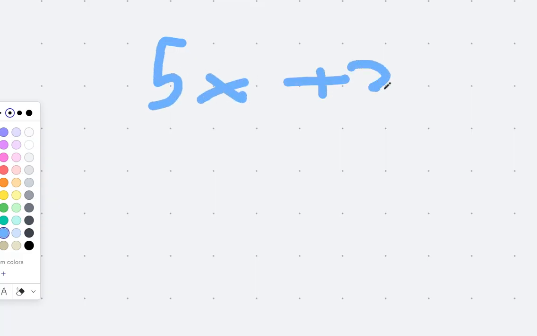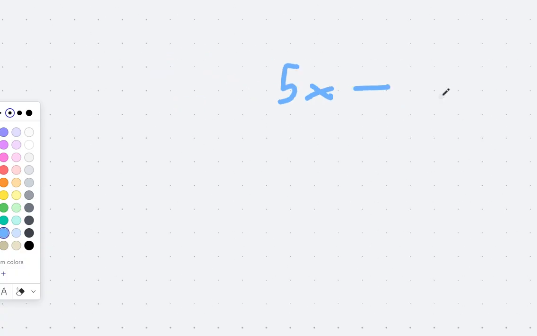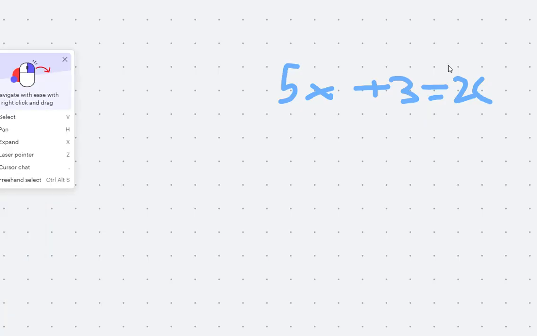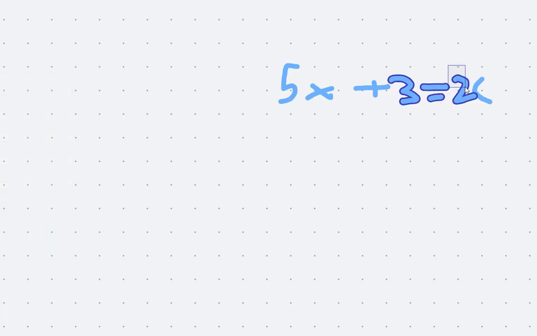So you can get, let's just say 5x plus 3 is equal to, let's just say 1, actually this would be good practice to use fractions, so let's delete that.